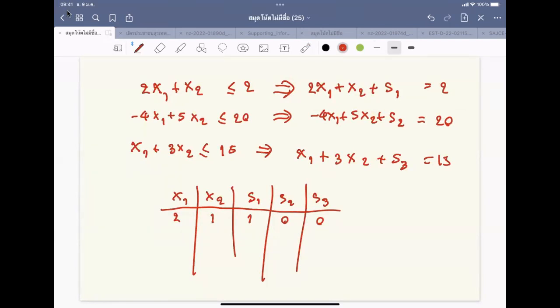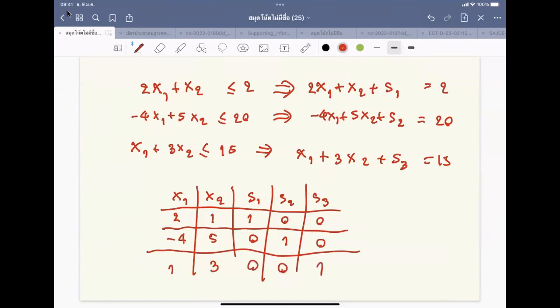Okay, sir, so you are writing the coefficients of these x1, x2, s1, s2. Yeah, not the values, the coefficients.